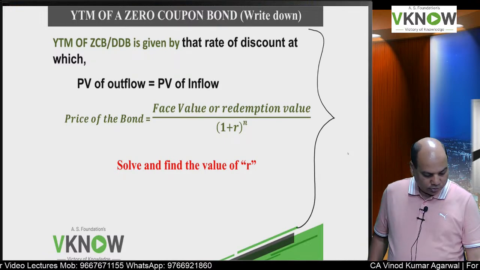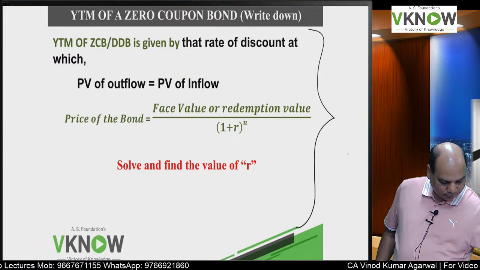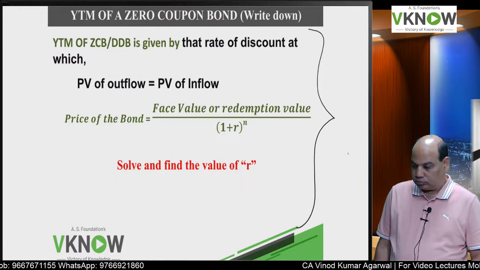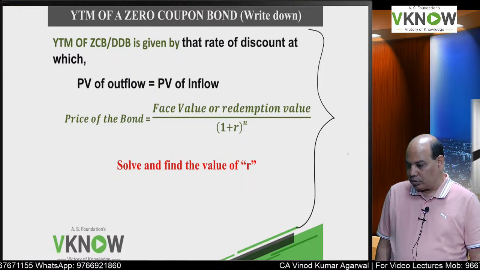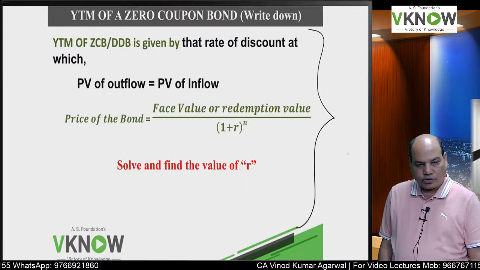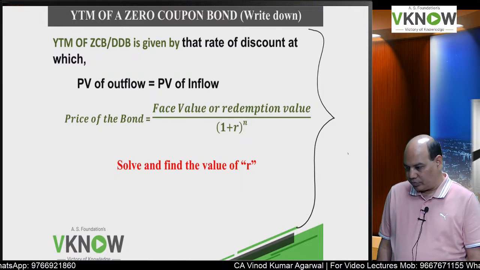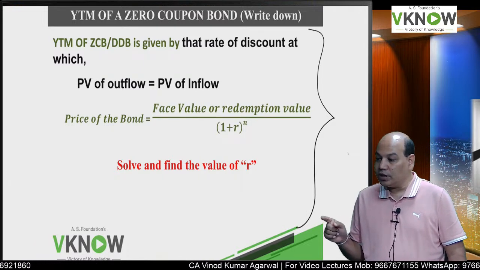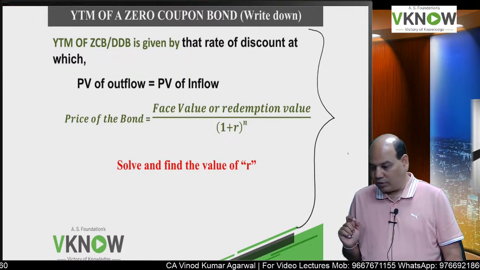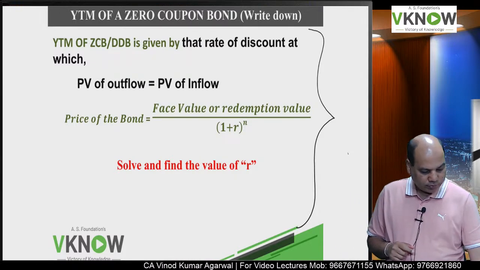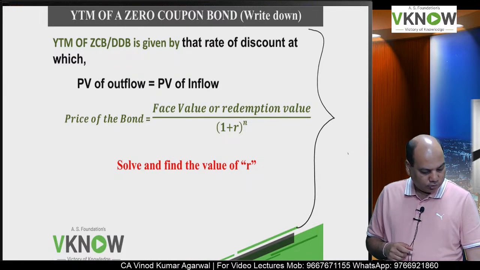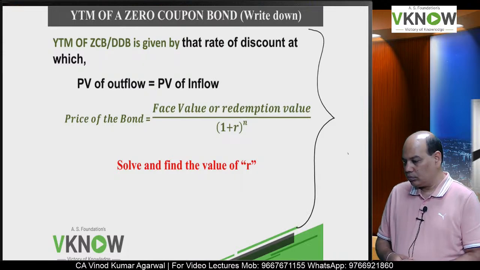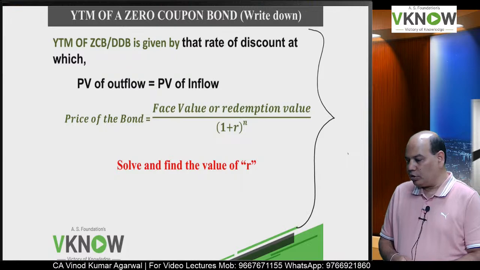YTM of a zero coupon bond is that discount rate at which PV of outflow is equal to PV of inflow.